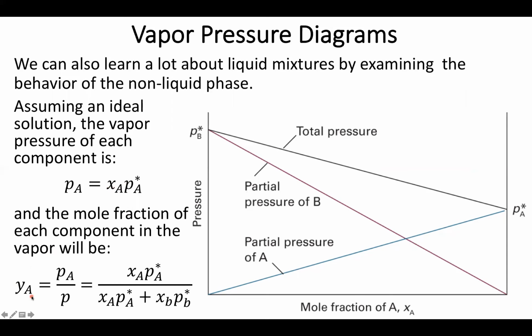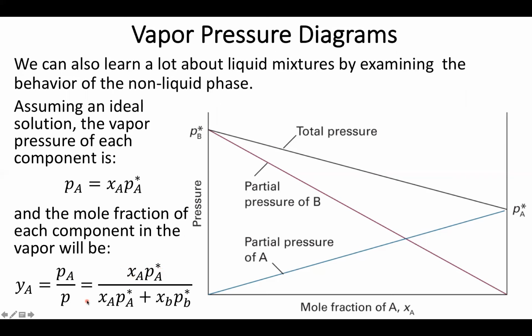Not too surprisingly, the mole fraction of the vapor is literally going to be the partial pressure of A over the total pressure. We just generated an expression to give us the partial pressure with respect to A, which again is just given by the mole fraction of A and the pure vapor pressure.